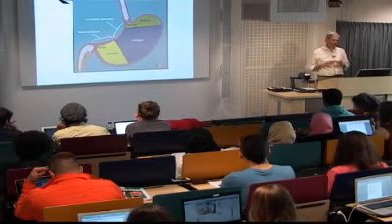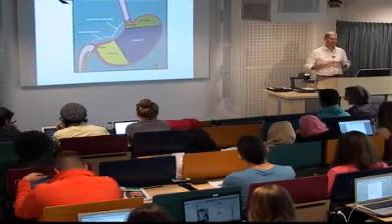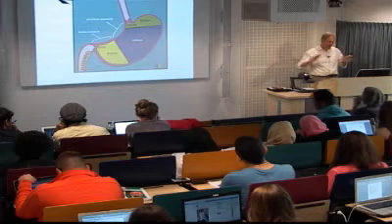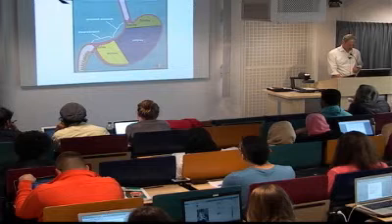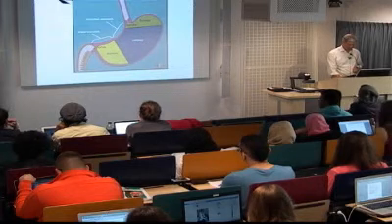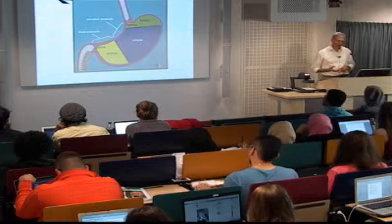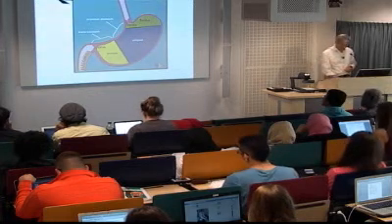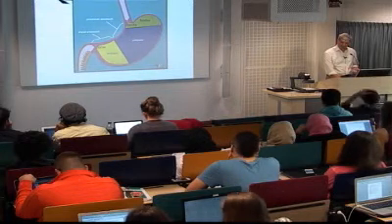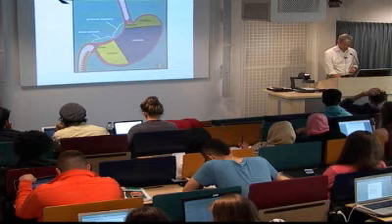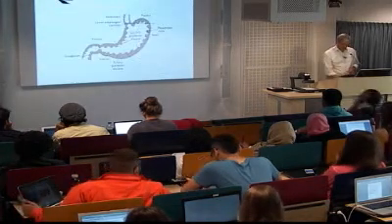It will allow the food to remain there by increasing in volume in a very short period of time, which is called accommodation or receptive relaxation. And the distal part of the stomach, the antrum, is more capable of inducing strong contractions and helping to empty the stomach from the food.